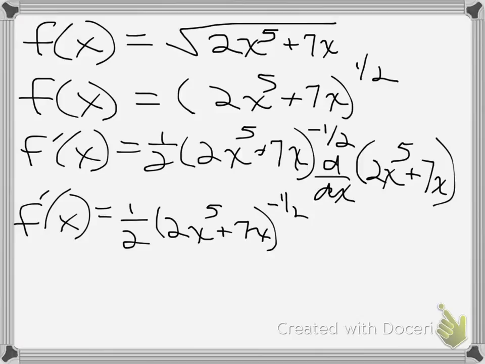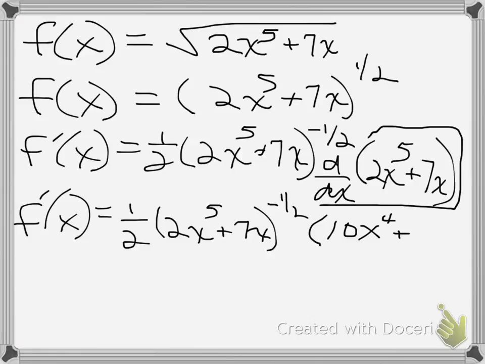Then take the derivative of what's inside, and I'm going to stress, the safest way to do this is to tell yourself you're going to do it in this step. Don't just do it in your head, because that's where I see most students have issues.